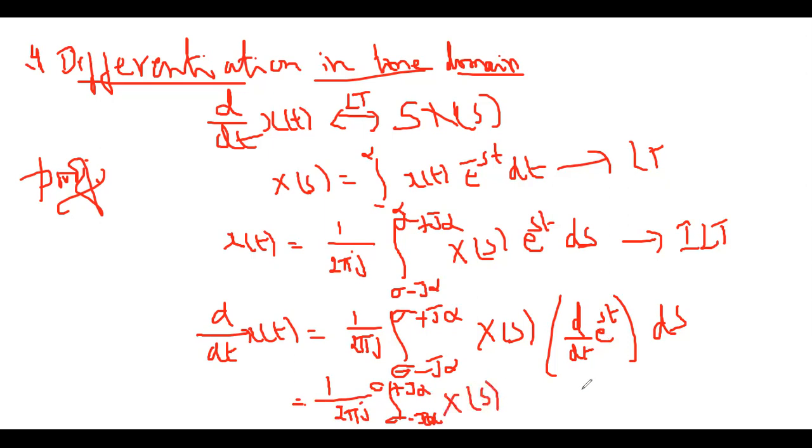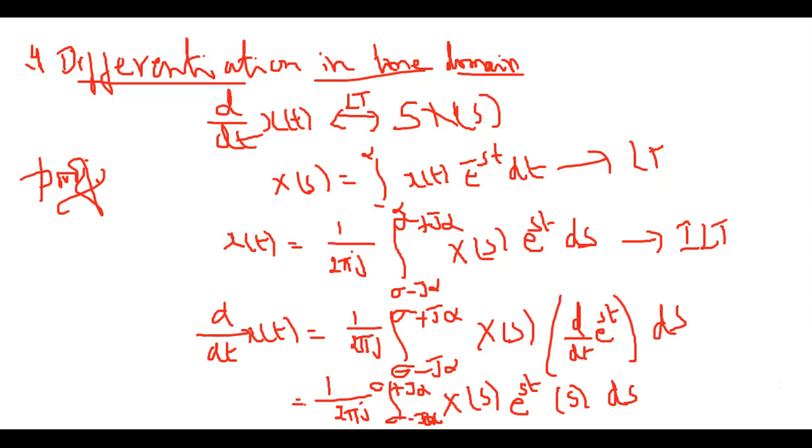What is the derivative of e^(st)? It is e^(st), and the coefficient of t is s, so s e^(st) ds. Now see this total function: I take the s next to X(s).